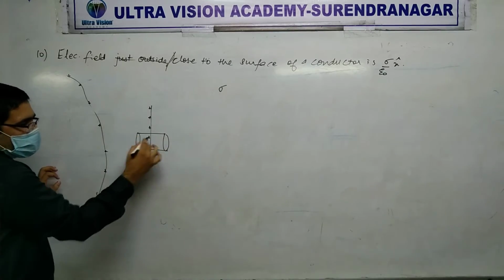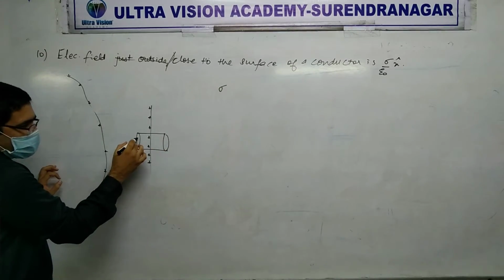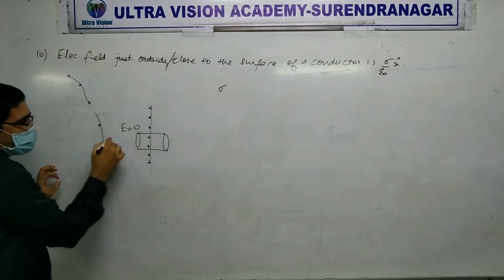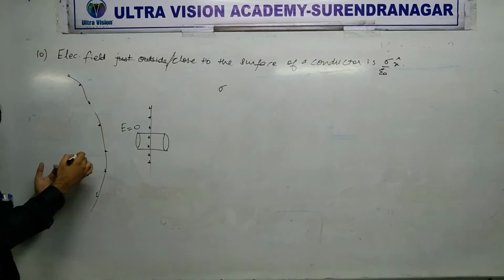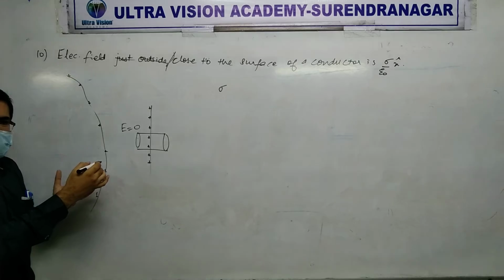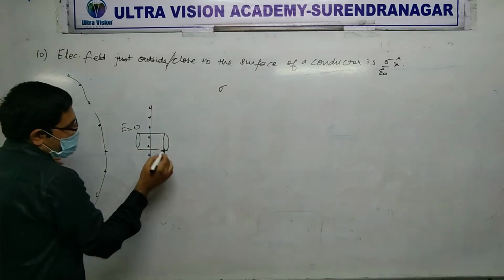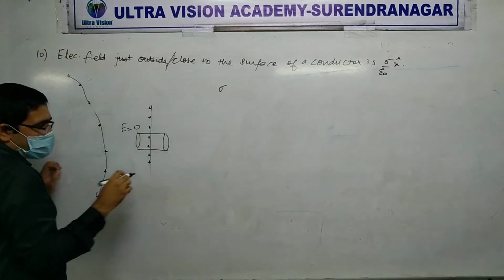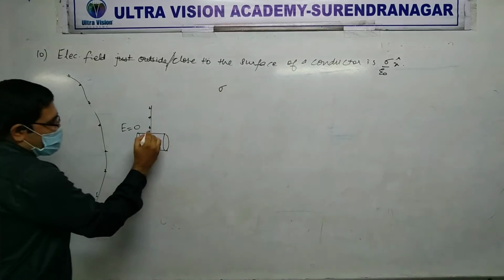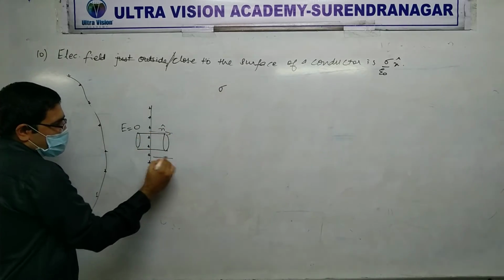Now, the electric field due to this over here is 0 on this side. Inside the body of the conductor, the electric field is 0. Now if we take the curved surface, then the electric field we know is normal to the surface.